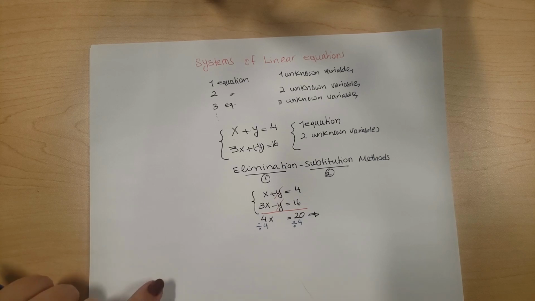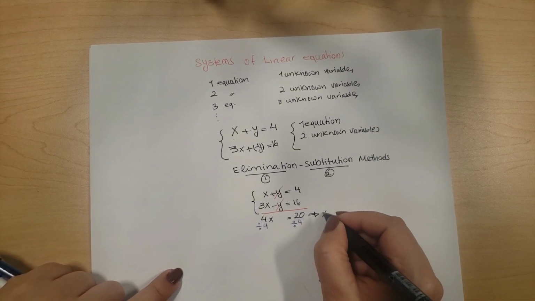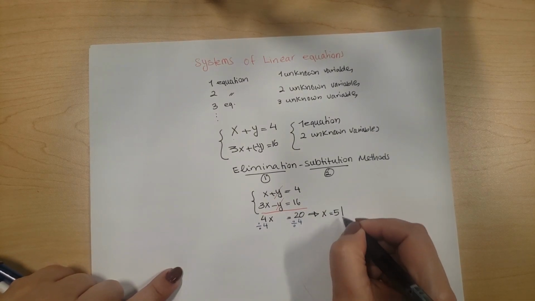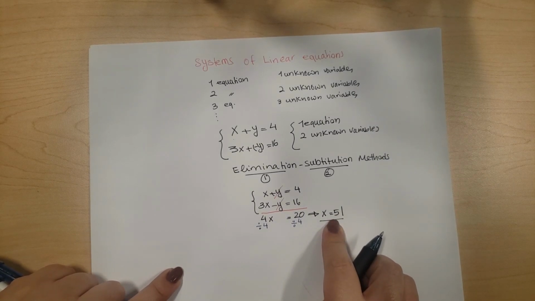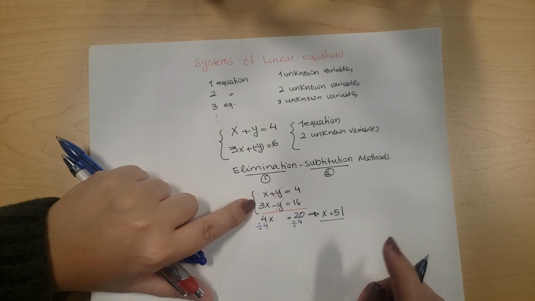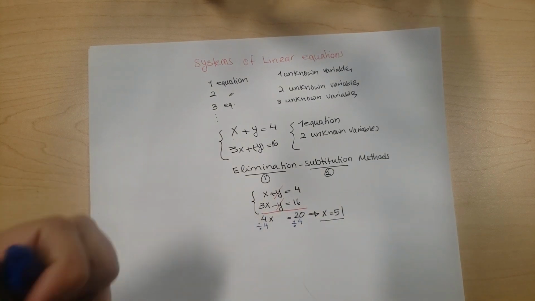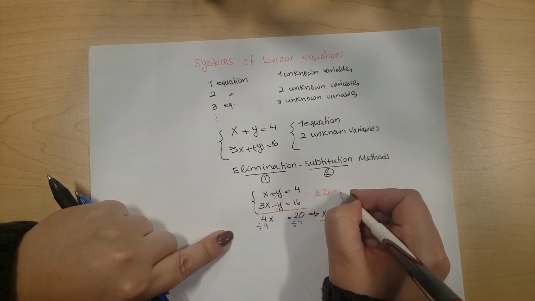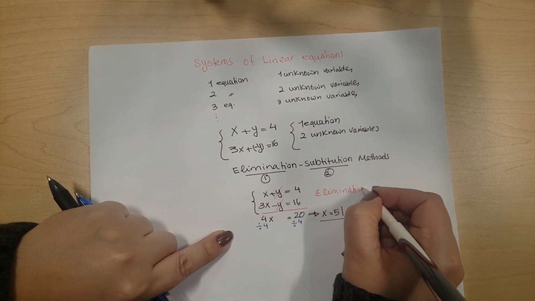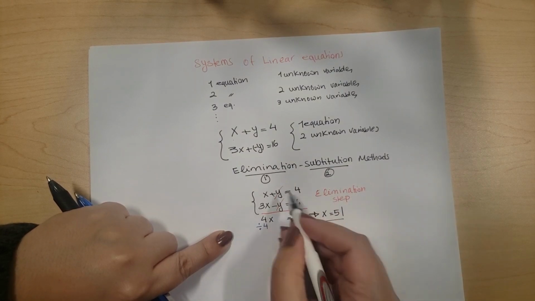So I divide both sides by 4, and I end up with x equals 5. So I found the value for x. This is the elimination step, step number 1.